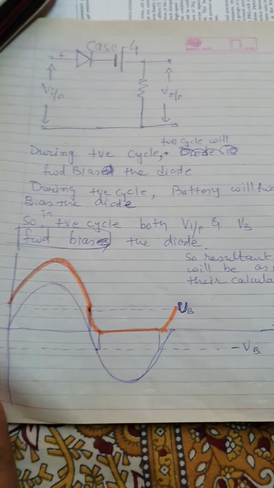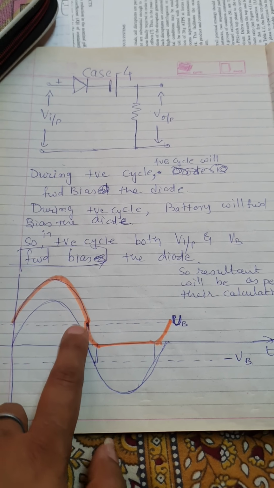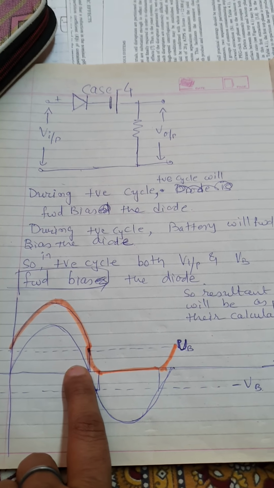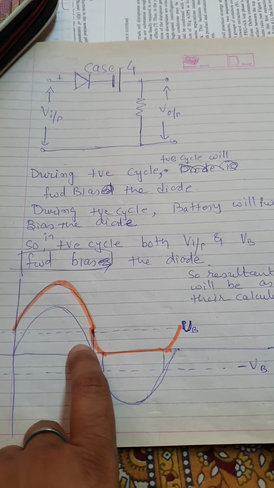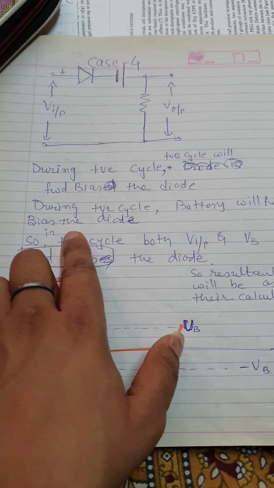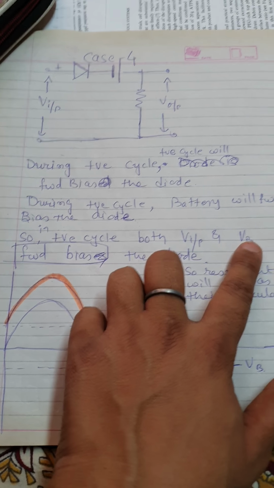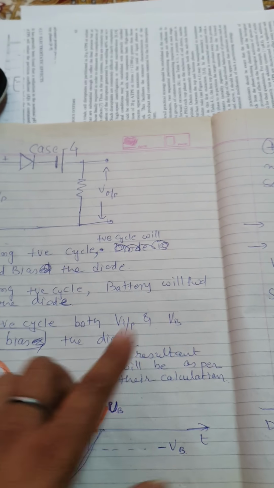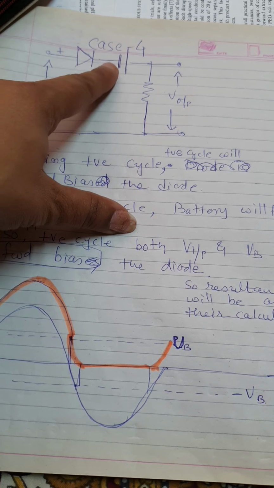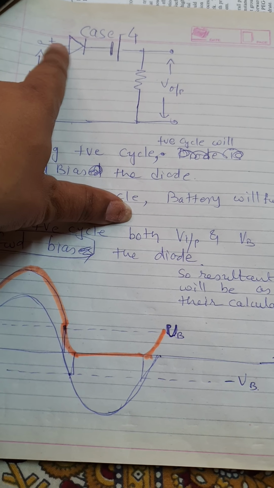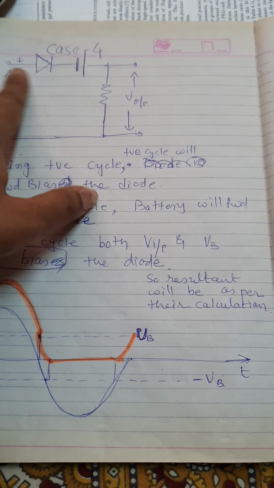So for the entire positive cycle, the resultant has to be found by calculating the series connection of both the sources, V input and VB, because during the positive cycle, the diode will remain forward biased and will behave as a closed switch.